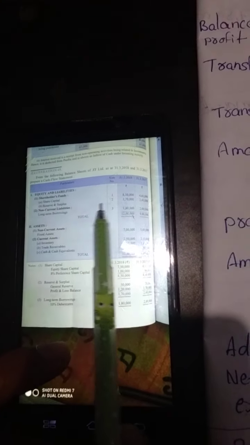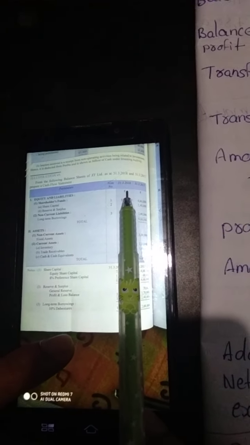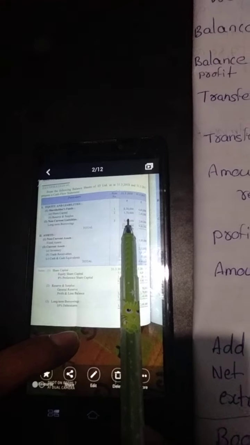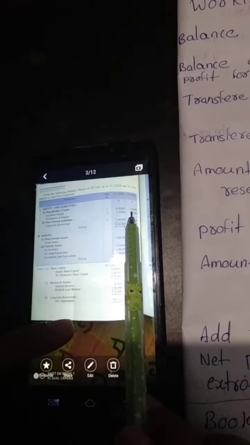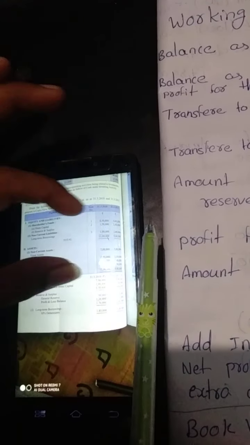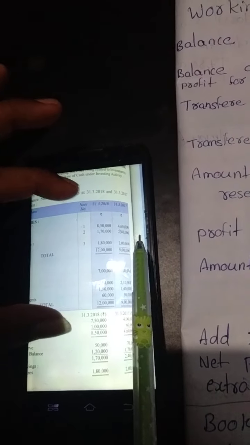Equity and liability is given, shareholders' fund. After that share capital is given, note number is also given, 2 years are there, 2018 is the current year and base year 2017, and the amounts are given: 8,50,000 and 4,60,000.